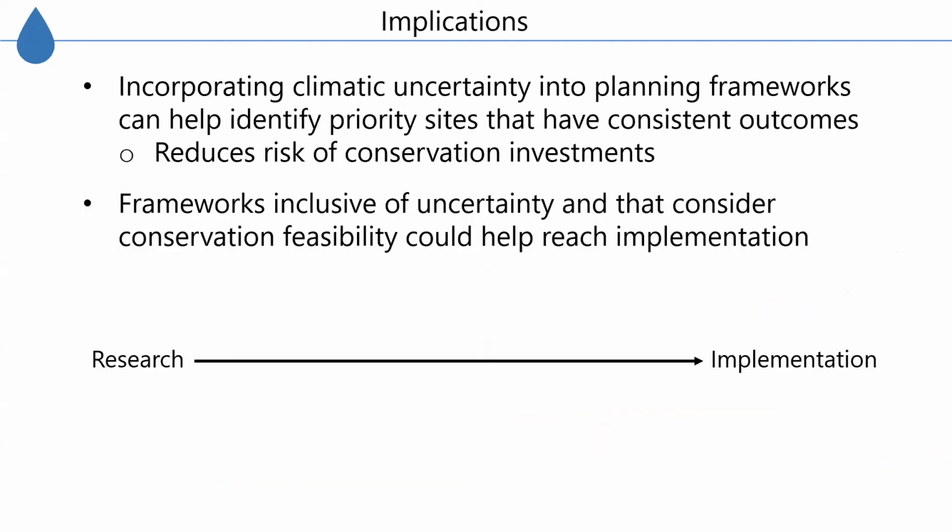And another implication of this is that incorporating climatic uncertainty into conservation planning frameworks could help us identify sites that have consistent outcomes and reduce the risk of conservation investments. And maybe bridge the gap between the research and implementation phase in conservation projects, as a lot of projects end up getting held up between research and implementation.